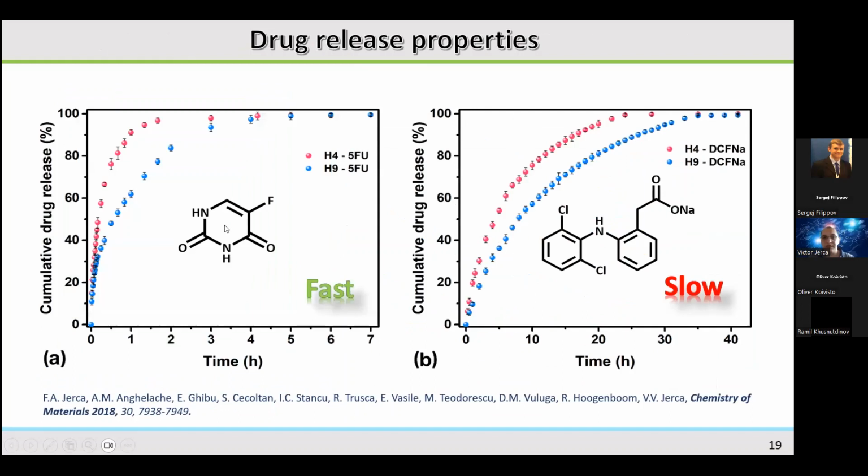We tested these hydrogels for drug release of two very well-known drugs, namely 5-fluorouracil and sodium diclofenac. As you can see, depending on the nature of the crosslinker used, we can nicely modulate the release of these two drugs in both cases.